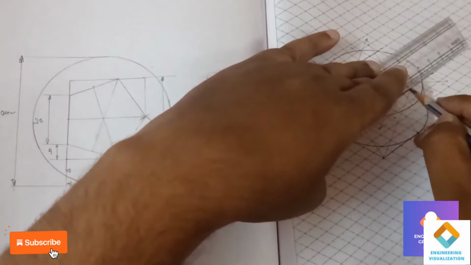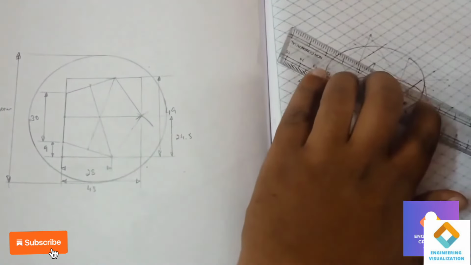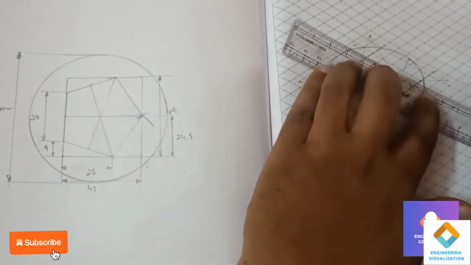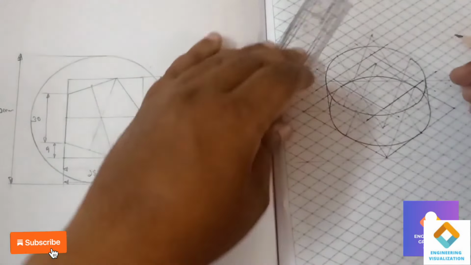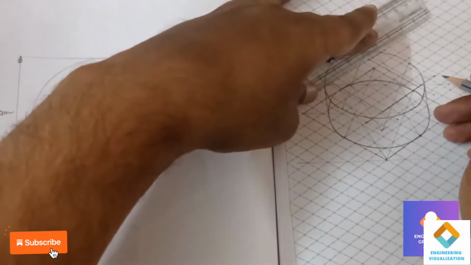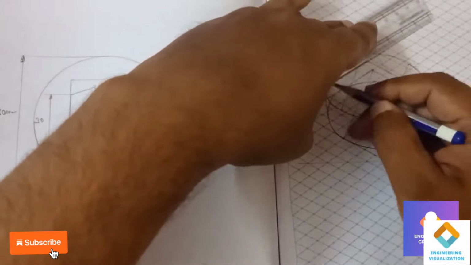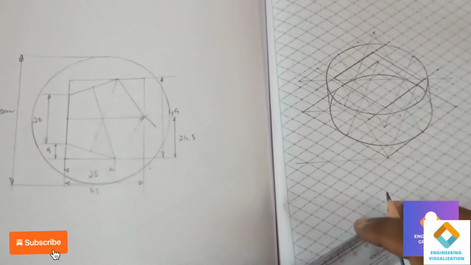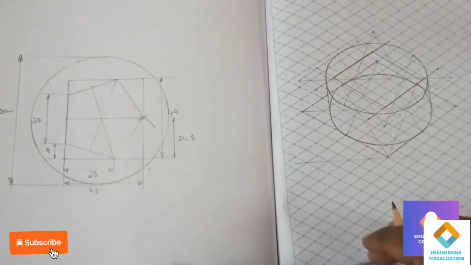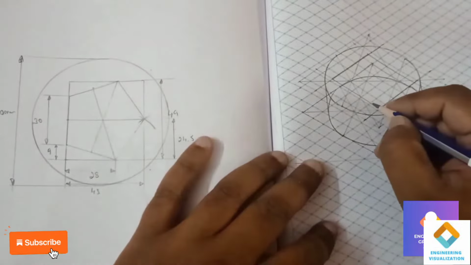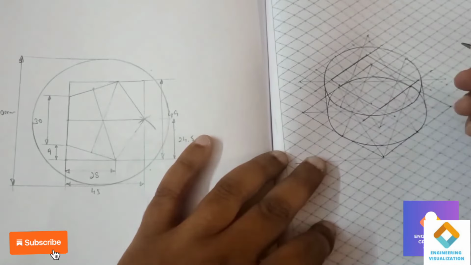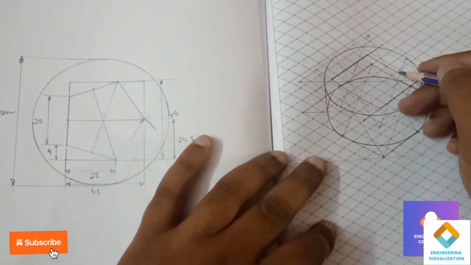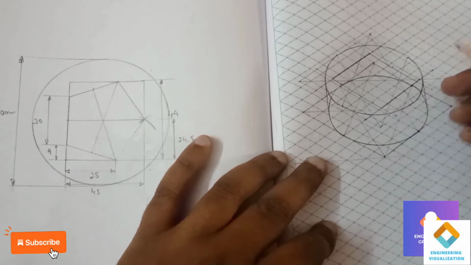Now you can see we have already measured the box for the pentagon. We should use those point lengths such as 9, 28 and all. I'll be marking 9 here, on either side, and then I'll be marking the middle point, that is 24.5.